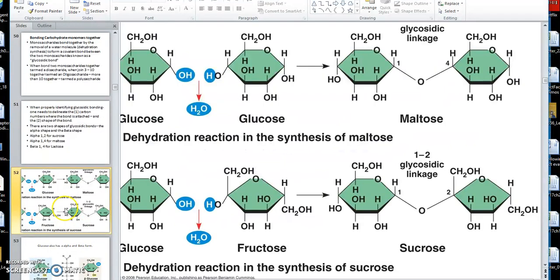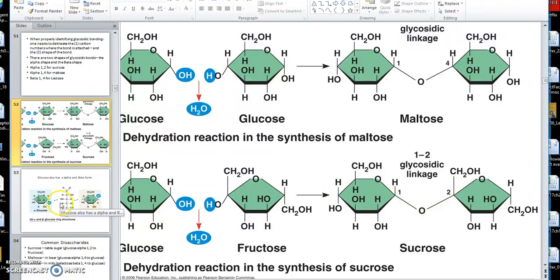Right here is glucose to glucose, which forms maltose, alpha-1,4. Right here is glucose to fructose, which is sucrose that you see right there, a 1,2 linkage.